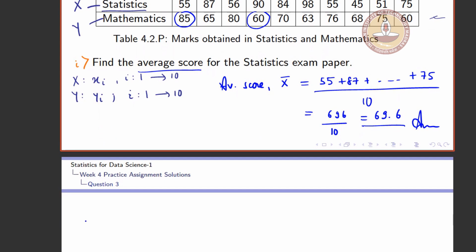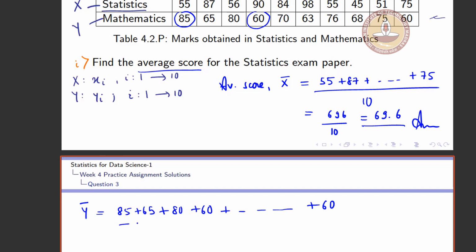So this was our mathematics exam paper. So average score in mathematics is going to be y bar is equal to 85 plus 65 plus 80 plus 60 plus and so on, up to 60, divided by 10. So this is equal to 702 divided by 10, that is 70.2.